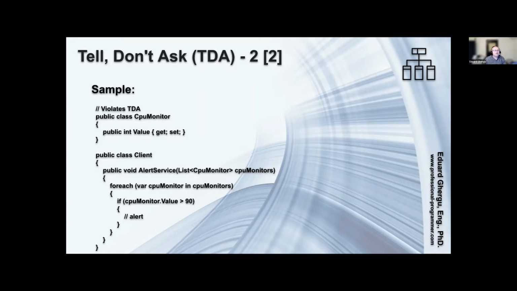Doesn't matter what alert, but the idea here is that this client is interested in this value, and of course the client should know that a value of 90 makes some sense for the client instead of making sense for the CPU monitor itself.